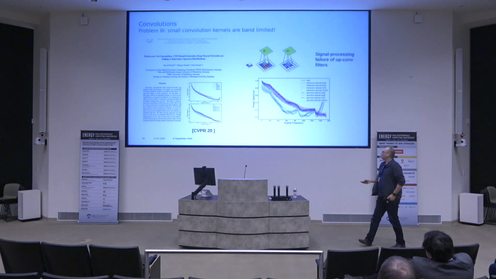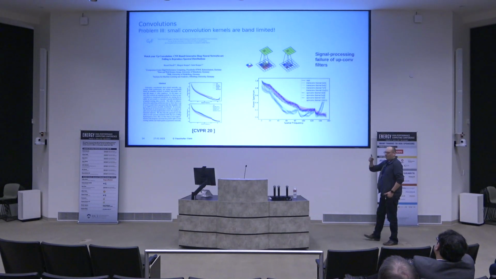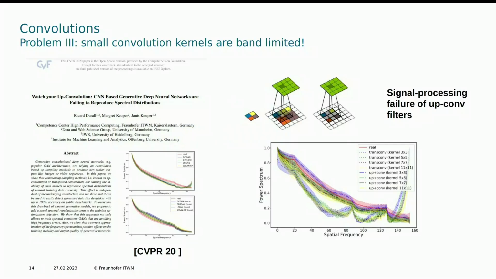And then we looked into it, and actually the problem is that using these small convolutional filters, also in your UNet for these up-convolutions, you have a very strong band limitation. And then you build these pyramids of band-limited filters. You can see it here, where you have these repetitive patterns where the band limitations at different scales really kick in.